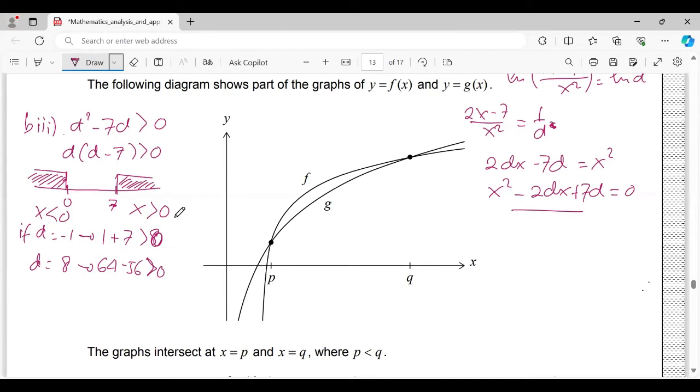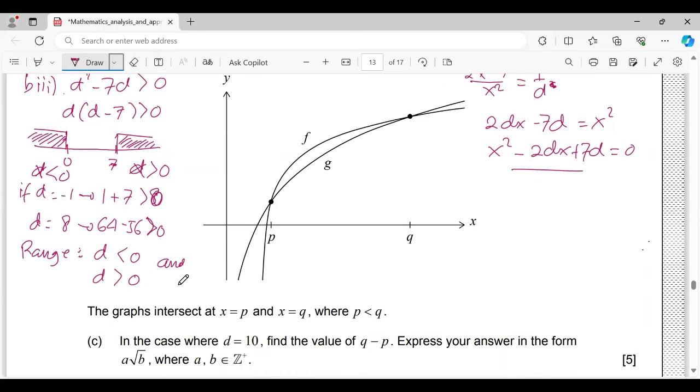So the range is for d, sorry, not x, but d. This is d: d less than 0 and d greater than 0. Now, the graphs intersect at x equals p and x equals q.